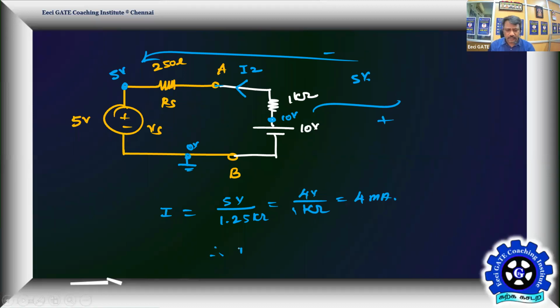So the perfect answer for this problem is 4 milliamps. Interesting. Instead of taking the problem by the two-port network way, this is a way to approach it. You model the entire circuit as a practical source, then make a simple series circuit for the given data, then simple circuit analysis will give you the answer.